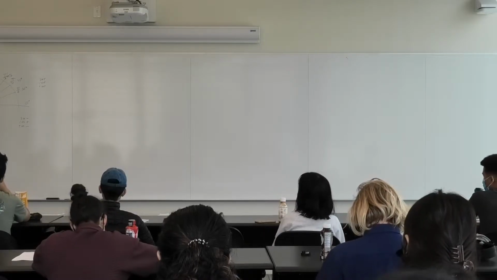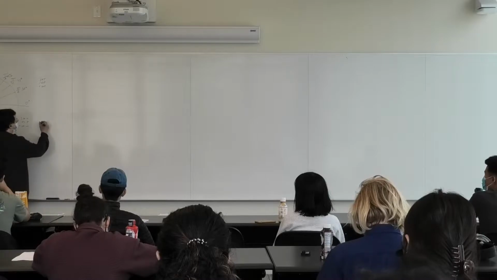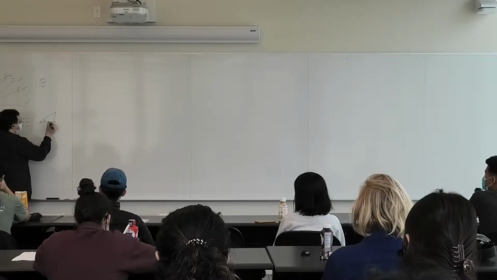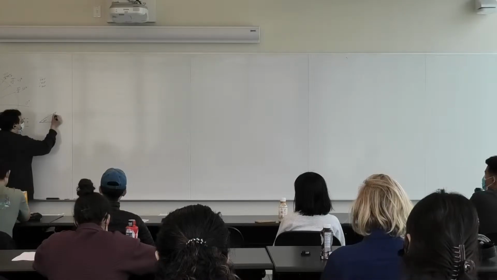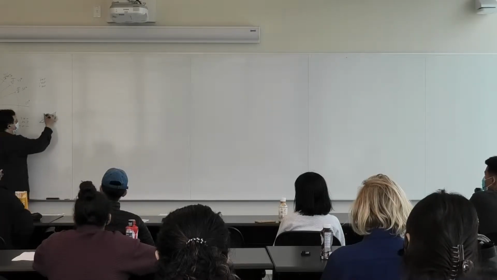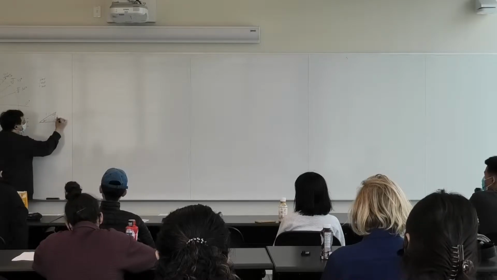As an example, if you're dealing with 30 degrees, well, the right triangle is a 30, 60, 90 right triangle. And the ratio of the sides you should be able to get from geometry. This is 1, this is a half, and this is square root of 3 over 2.